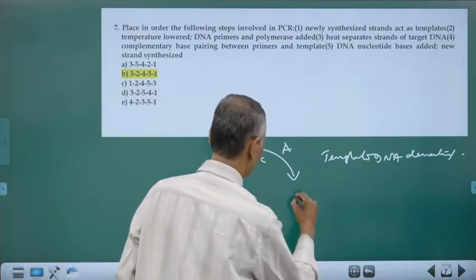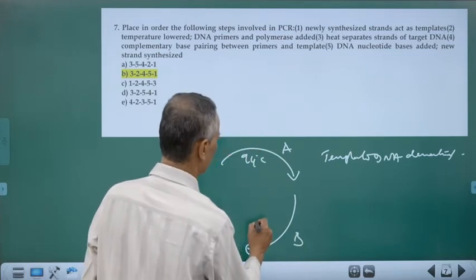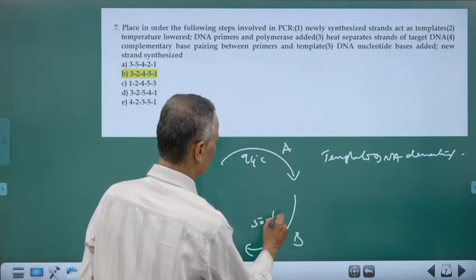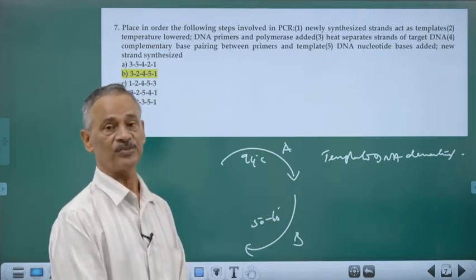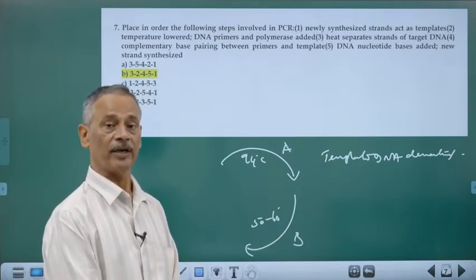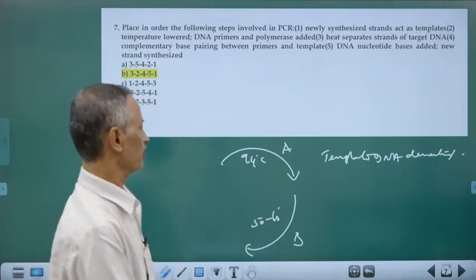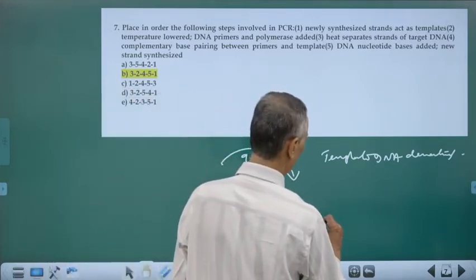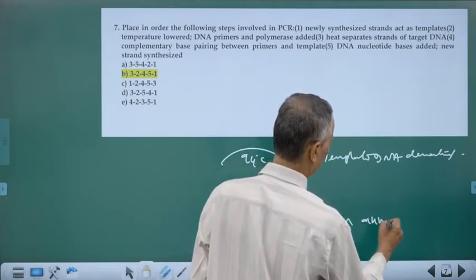In the second step, step B, the temperature is brought to 50 to 60 degrees. Automatically the machine, it is a computerized machine, will be undergoing temperature changes. That is why it is called thermocycler. Now, in the low temperature, primer molecules are attached, primer annealing.